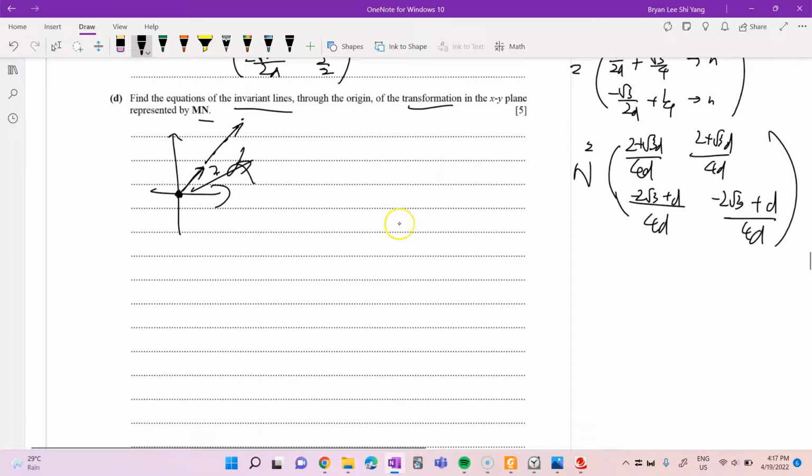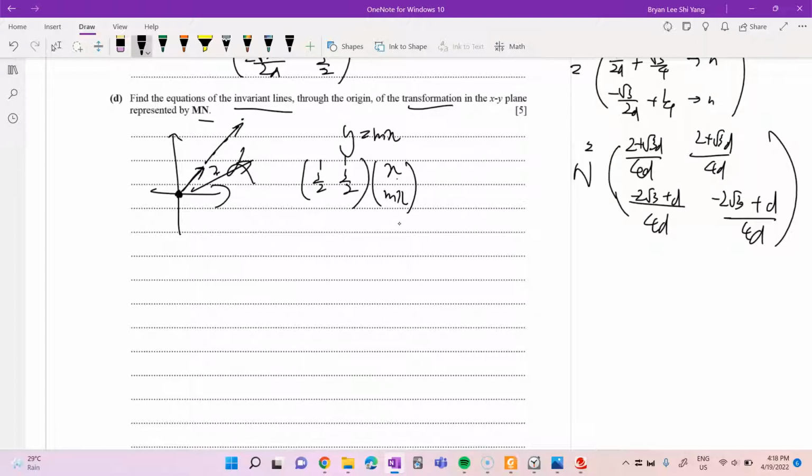Okay, so we know that we can say y equals mx, right? And then let's say Mn is equal to 1/2 times x multiplied by mx, because these coordinates can be represented in vector form from the origin, equal to some scalar multiple k. So this is a scalar, and then x times mx, right?